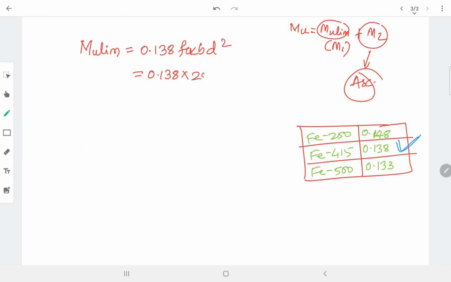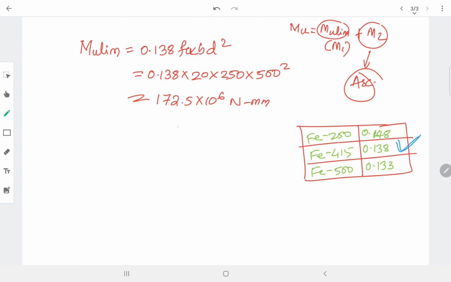So fck is 20, b is 250, and d is 500 squared. When you calculate, you get 172.5 into 10 to the power of 6 Newton mm.